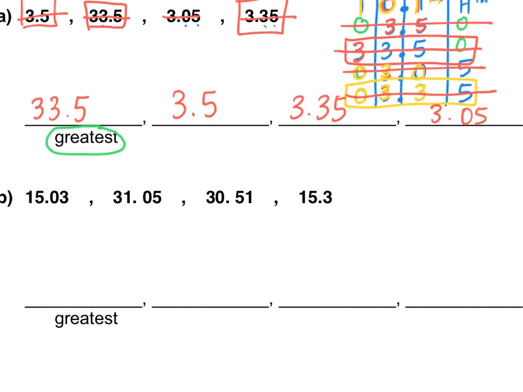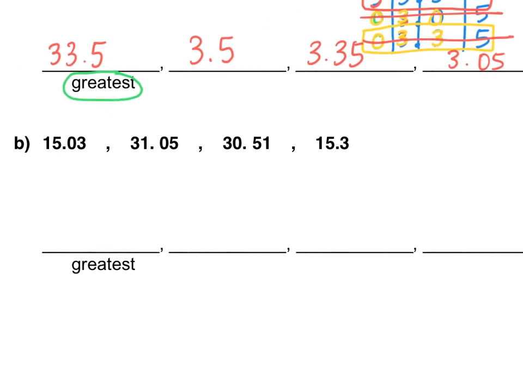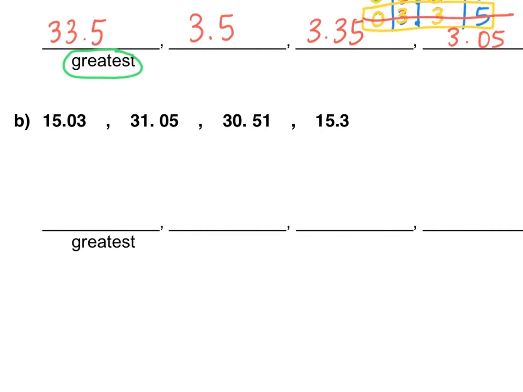Let's go on to look at part B. We are given same thing, 4 decimals, and we're supposed to write down starting from the greatest decimal. Okay, so keep a lookout for the smallest place value, which is until 2 decimal places. So the smallest place value will be hundredths, and the greatest place value will be the tens place.